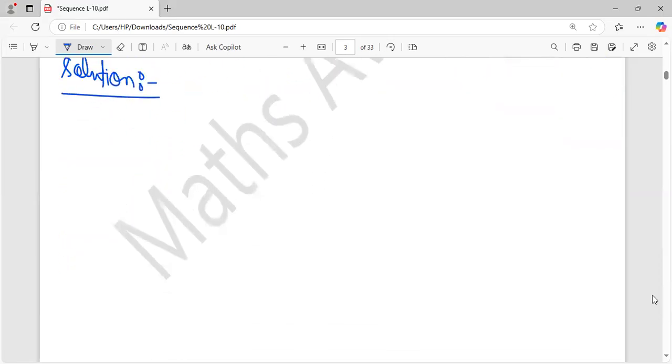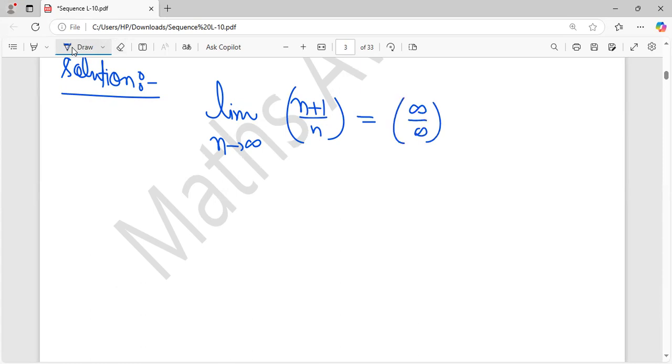So, what is the limit as n tending to infinity of (n+1)/n? This is infinity upon infinity, indeterminate.